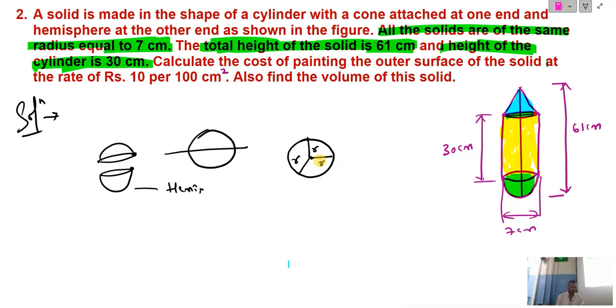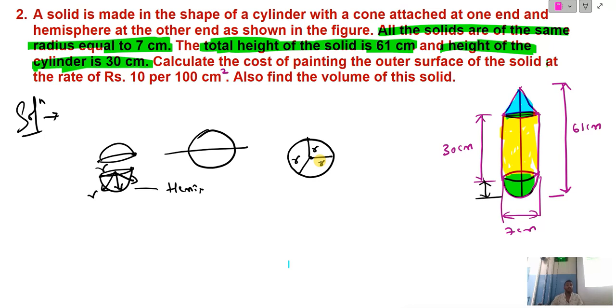Clear? Now, this is the center. From here to here is radius. You measure anywhere from the center, it's all a radius.